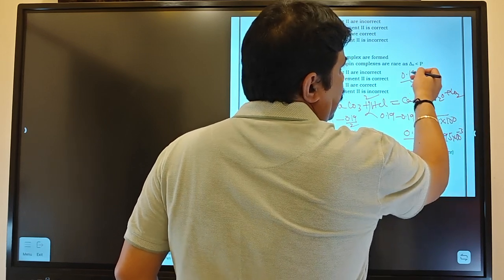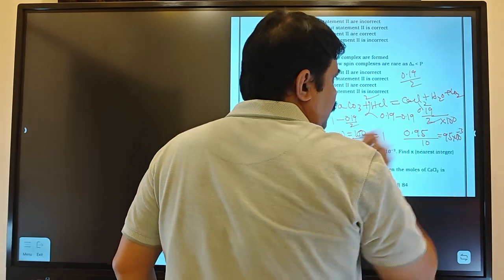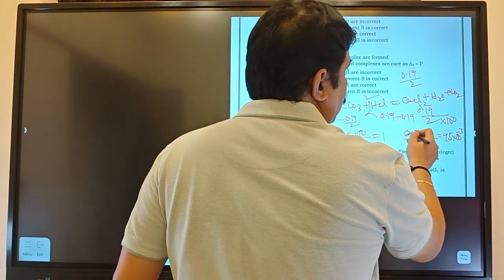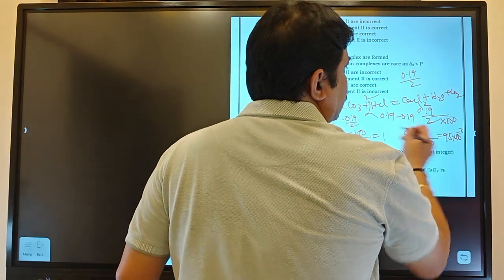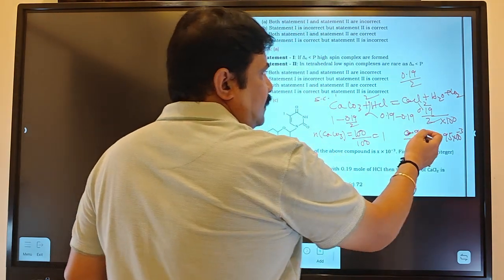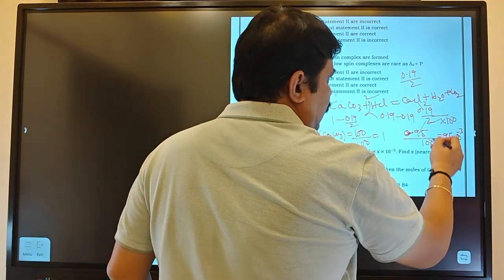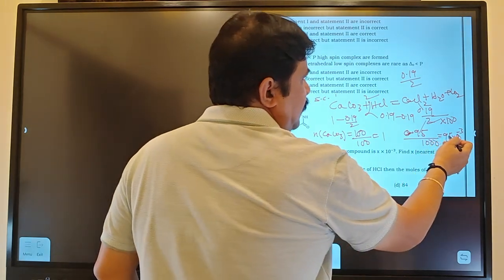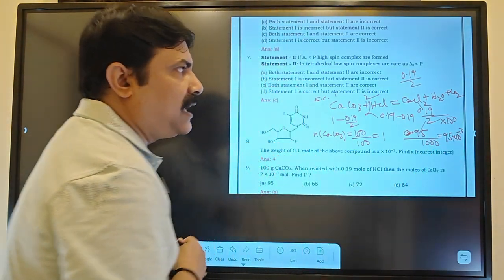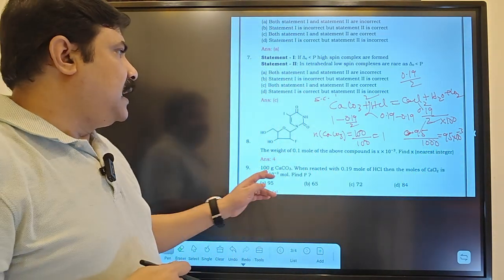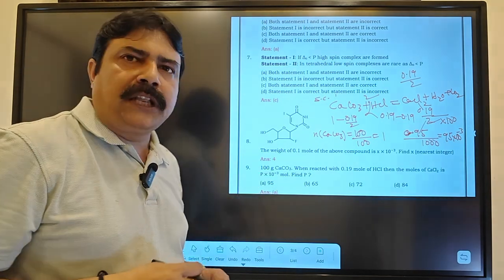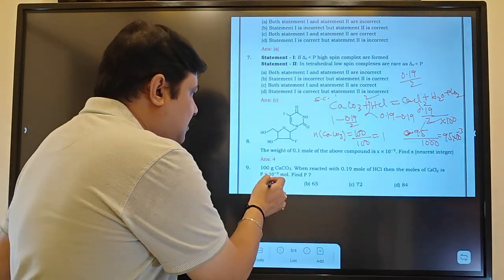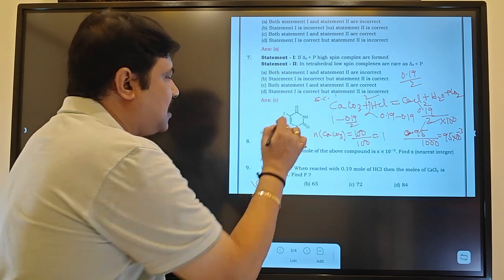So 0.1 means 1 by 10, and 1 by 2 is 0.5, then this will be 0.5 by 10. Now if you move this decimal point, another 0 will come, which is nothing but 50 into 10 power of minus 3. That's why they are taking it in the form P into 10 power of minus 3, and the P value they are asking will be 50. That will be your answer.